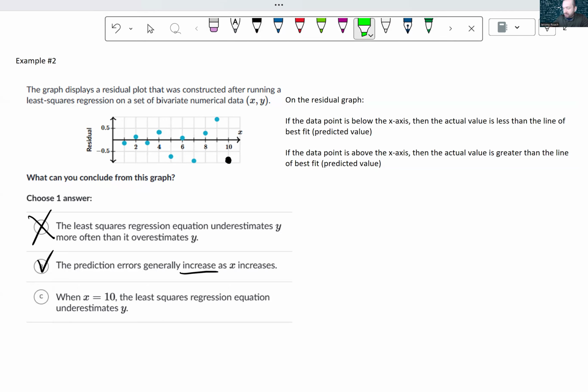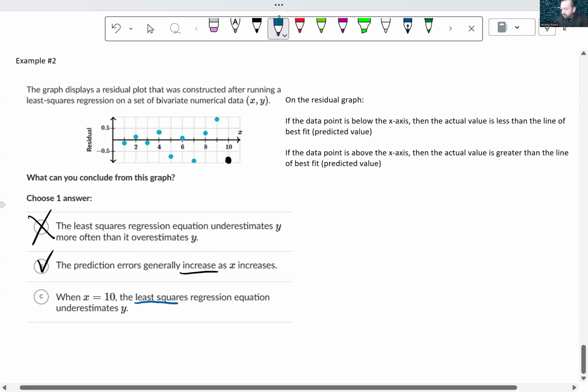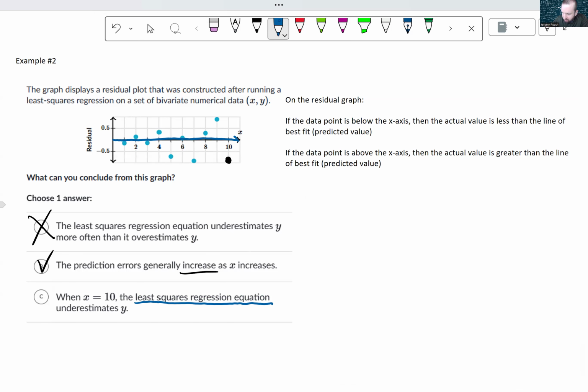So I'm just going to highlight some stuff. The least squares regression equation is in green. In fact, let me make that blue so it's a little easier to see, because we did blue last time. The least squares regression equation is this blue line here. And it says it underestimates y. So if we write that as an inequality, this blue line is less than our y value, which is this black dot.